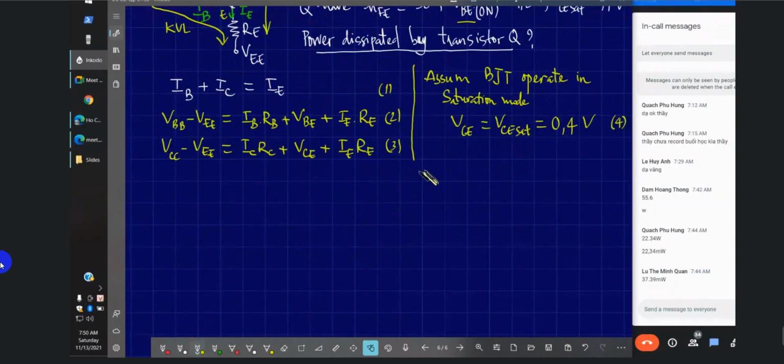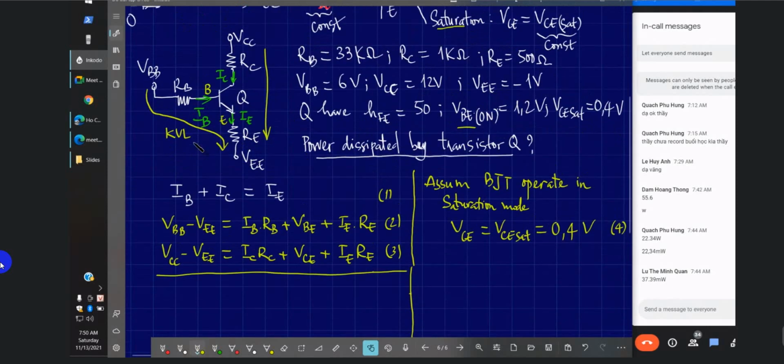Let's see, I put the numbers in. VBB minus VEE should be 6 minus minus 1, equal to IB RB.